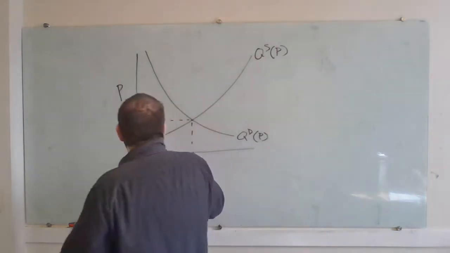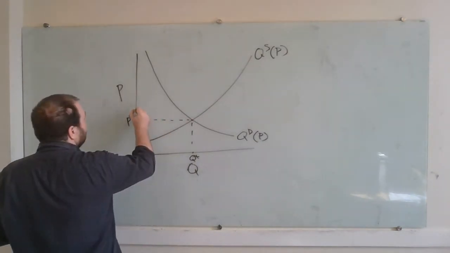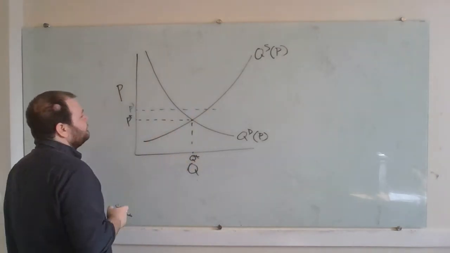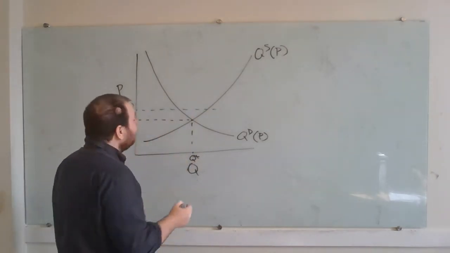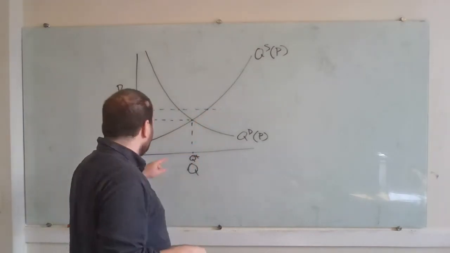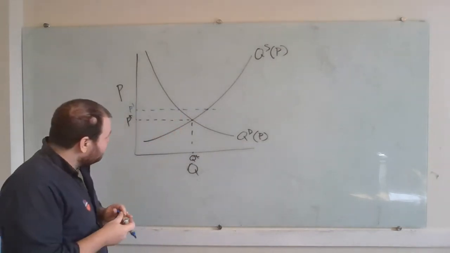So what I mean by that: let's say that we had a price that was a little bit higher than the competitive equilibrium. In this case, we would have more people willing to supply the good than we would have demanders for the good. What would that mean?